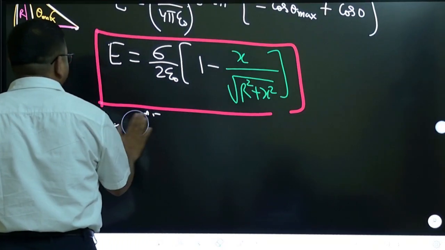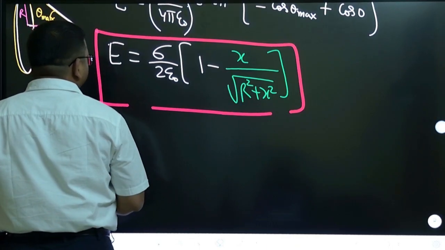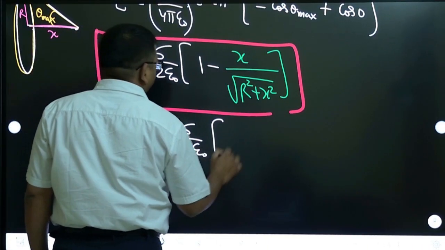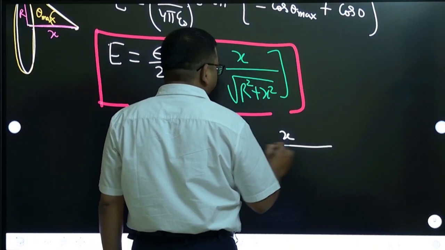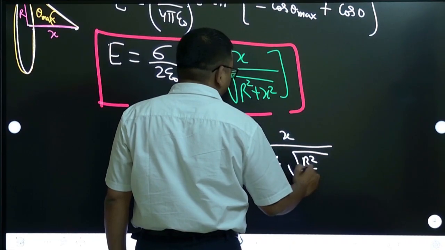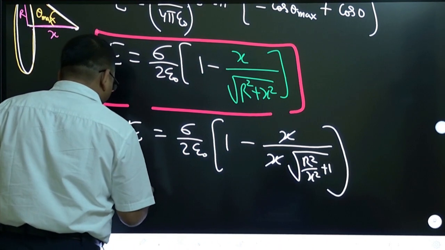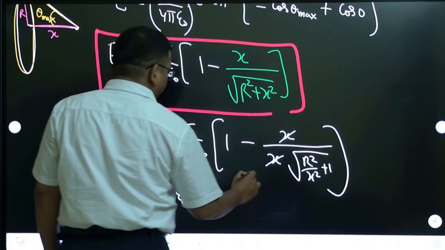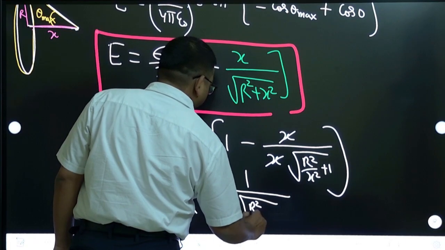Let us rearrange this, because if we can understand how to get maximum, we can rearrange first. Let us take x square common from here. So x divided by root of that, x will come, will become r square by x square plus 1. This x get cancelled, so field is sigma by 2 epsilon naught, 1 minus 1 divided by root under r square by x square plus 1.